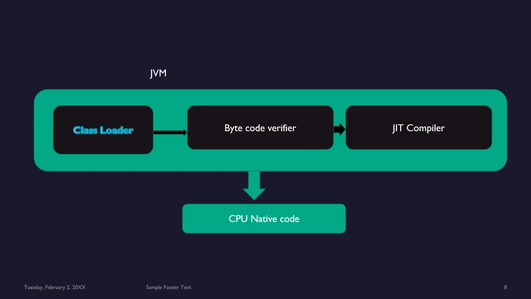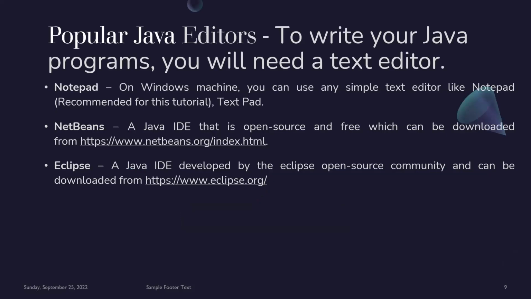Okay, and the next thing is, what are the different Java editors? How can you write your Java programs? Java provides different platforms where you can write your Java code. First of all, you can write in Notepad also, guys. In a Windows machine, you can use any text editor, like Notepad or TextPad.